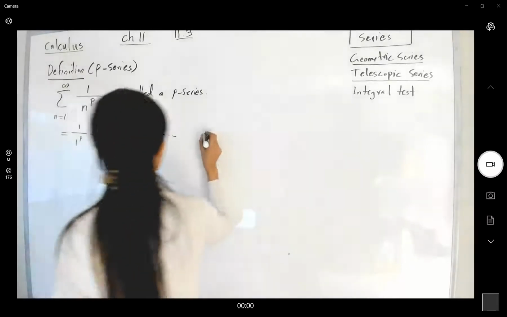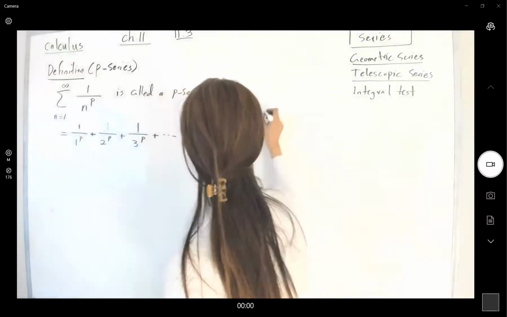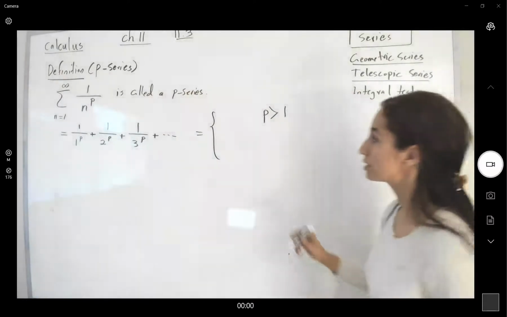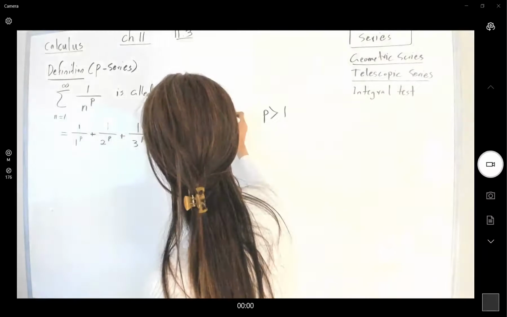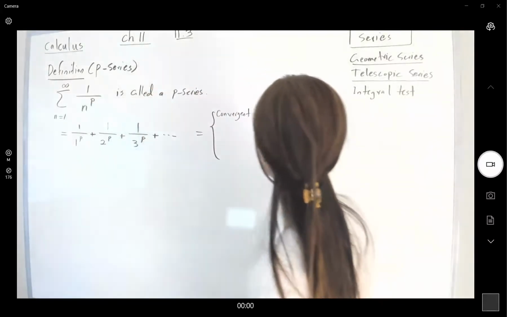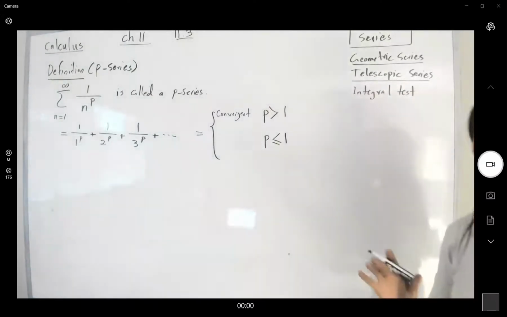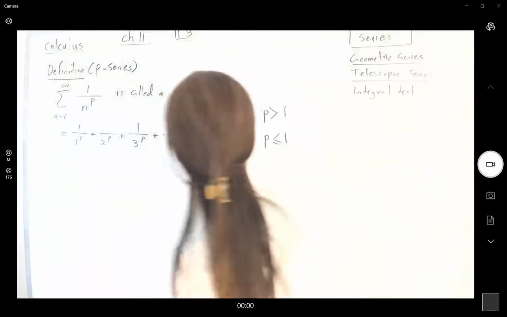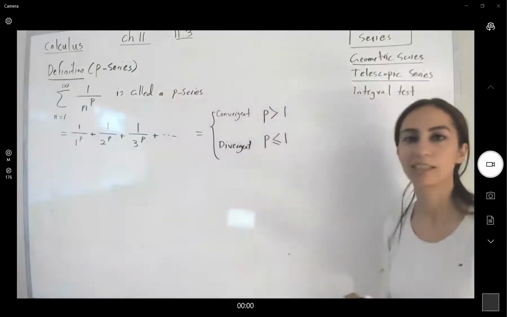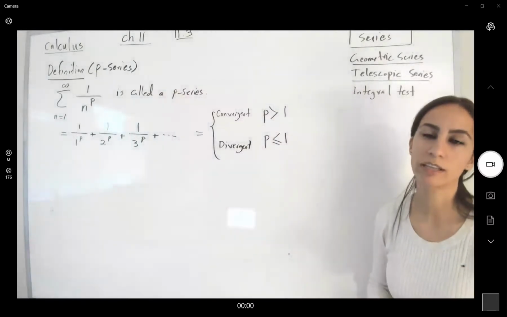So it happens that if p is larger than 1, you get a convergent series. And if p is less than or equal to 1, we have a divergent series. When p is equal to 1, you actually saw the example.